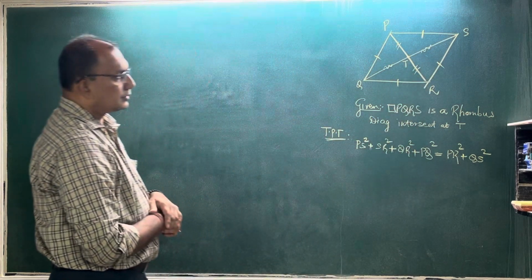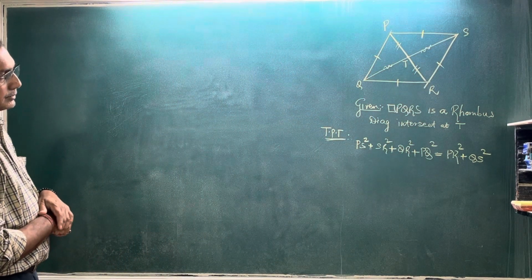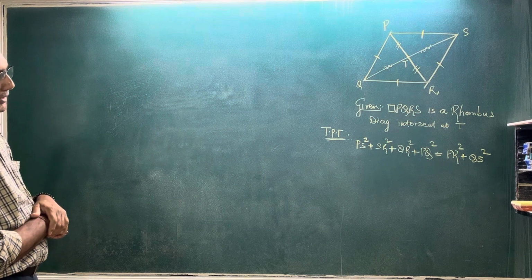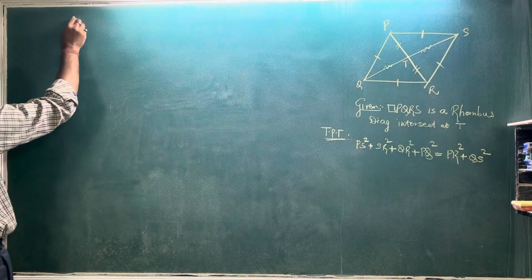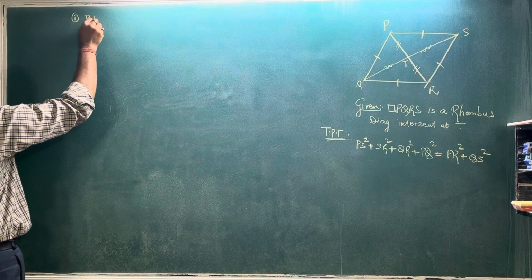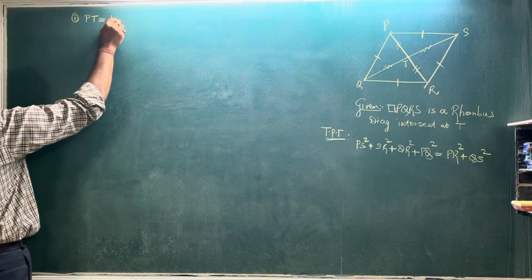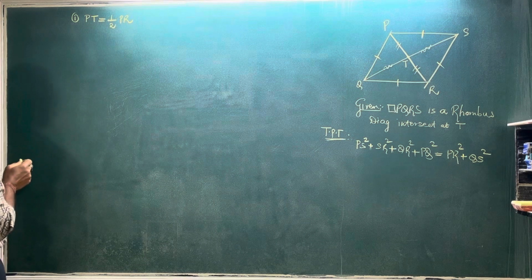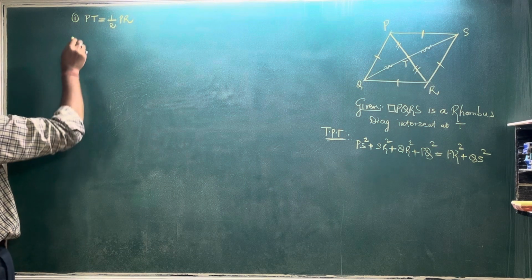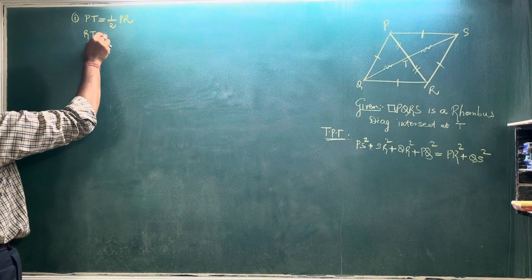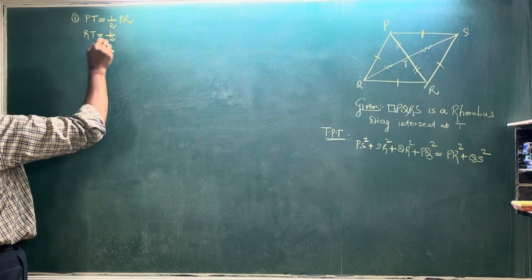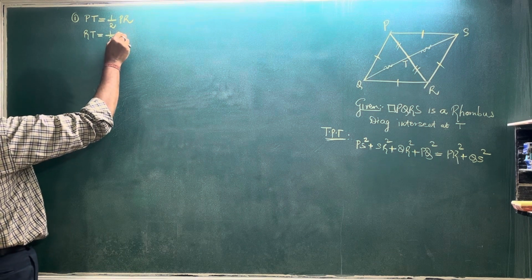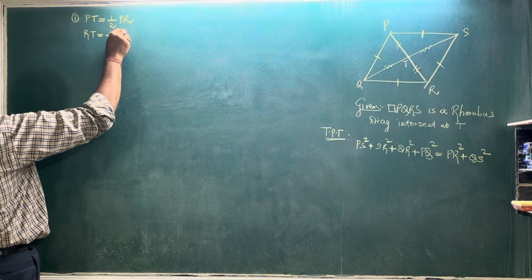Okay? So, we will try to first get some raw materials. First, we can put it up like this. PT is half of PR. Is it right? Then RT is also half of PR.